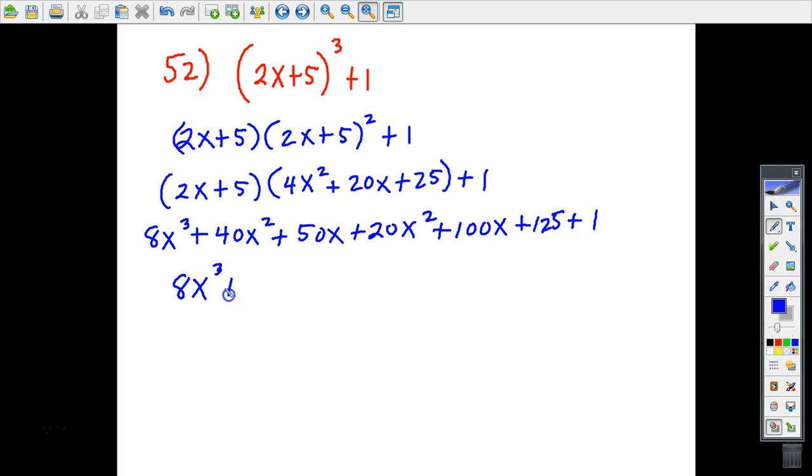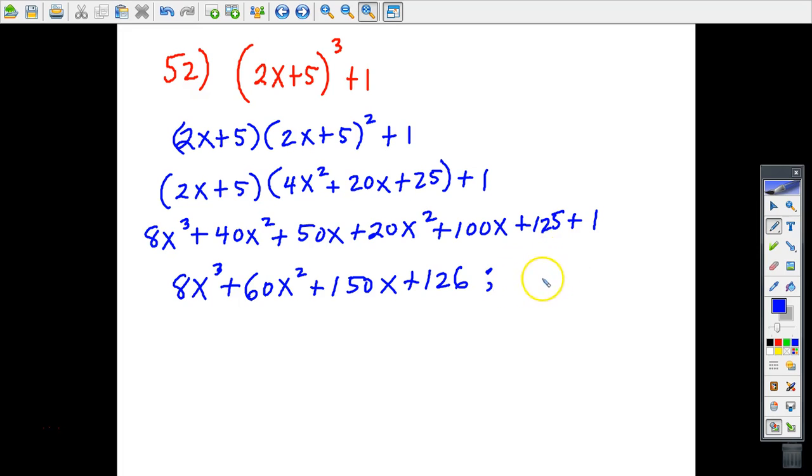There's only one cubic term. There's a couple of quadratic terms, that's 60x squared. There's a couple of linear terms, that's 150x. And then I've got these two constants that can be combined, plus 126. So that's the standard form polynomial, highest to lowest exponent order.